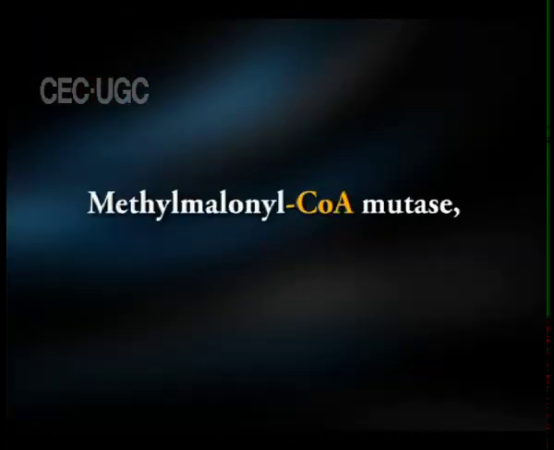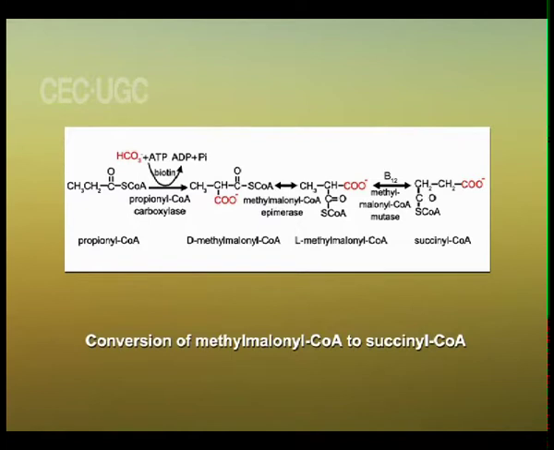One of the enzymes in this pathway, methylmalonyl coenzyme A mutase, requires vitamin B12 as a cofactor in the conversion of methylmalonyl coenzyme A to succinyl coenzyme A.